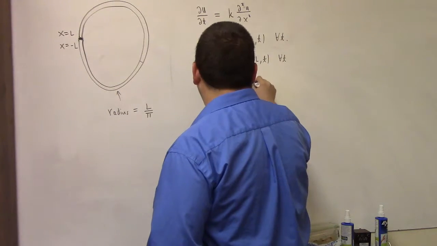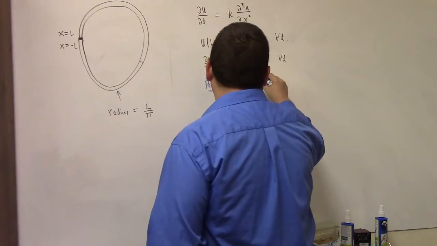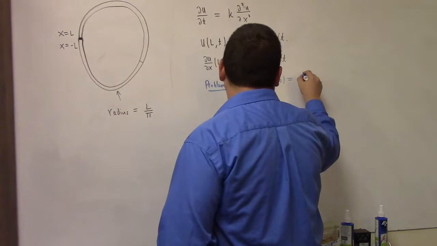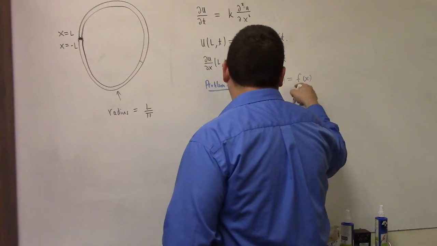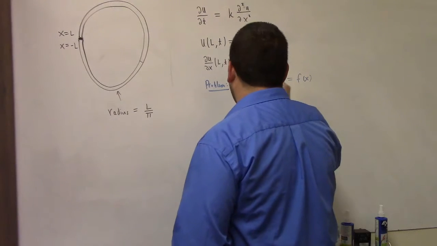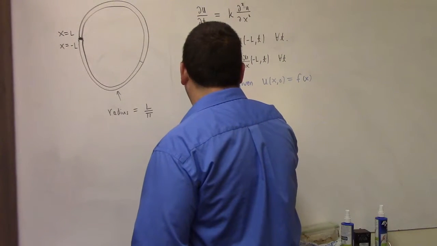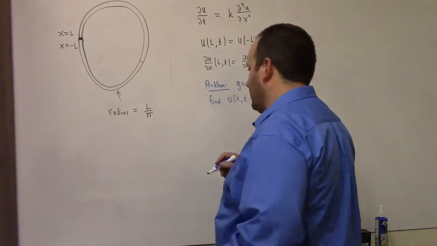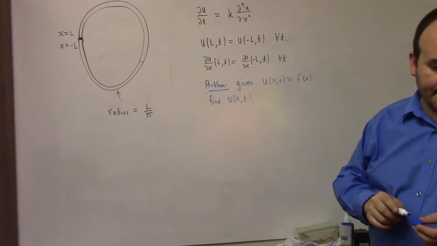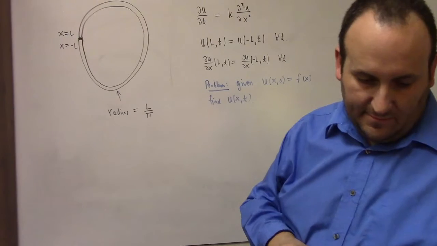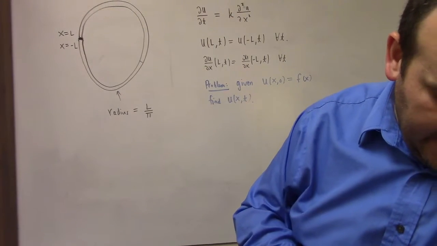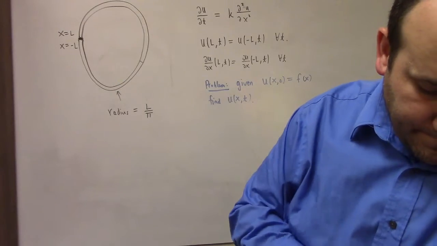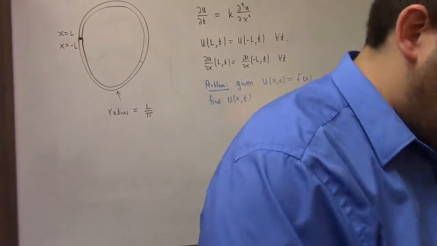Given all this setup, and say u of x comma 0 equals f of x, some given initial temperature distribution, find the temperature at time t. That's kind of like what we've done before with heat equations, right? So let me run through it since it's been a little while since we've done that.